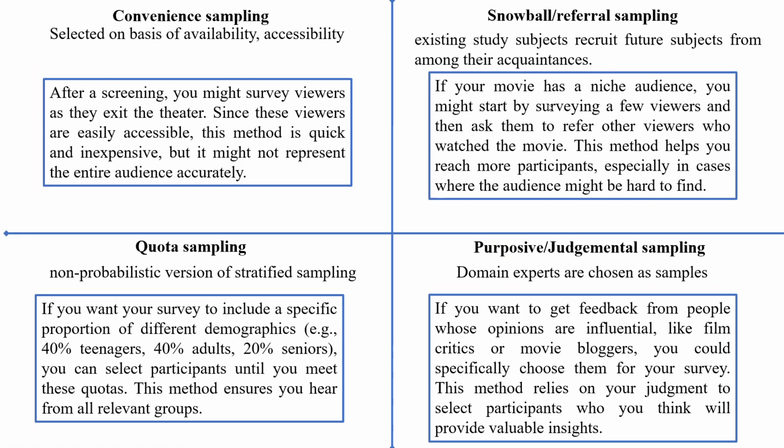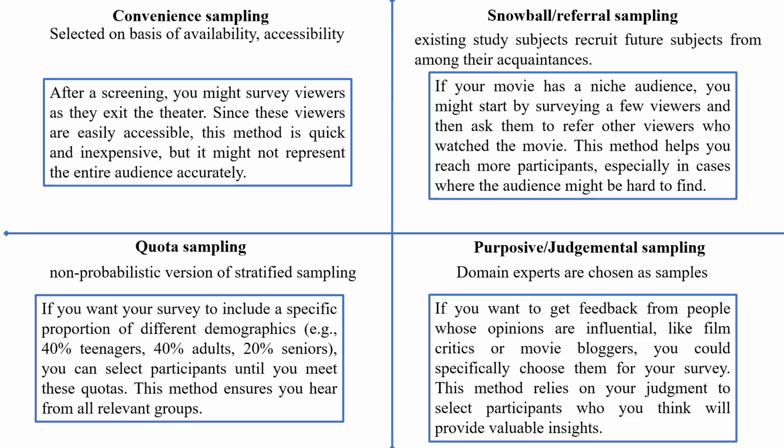Okay. Next is the non-probabilistic method. The first one will be convenience sampling. So here you do it on the basis of accessibility, availability of subjects. When I say subjects, those subjects are people who have watched the movie. In the other example that I gave you initially, subjects are patients who are with cancer.